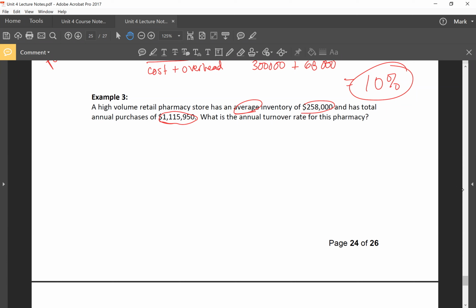Well, what they're really saying is what is the inventory turnover rate? Right, these formulas are so big. I'm used to math where moles is C times V and everything's all simple, or chemistry, I mean, not these big wordy formulas. So your turnover rate is your total purchases over your average inventory.